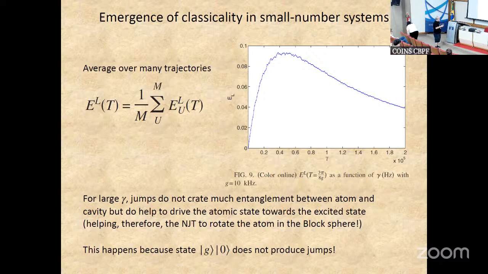So that's all that I wanted to say. With this, we gave a proper physical and mathematical analysis of what people used to say about this Ramsey zone. They used to say it was like this, but they had never shown it. So here we used quantum trajectories to show it.